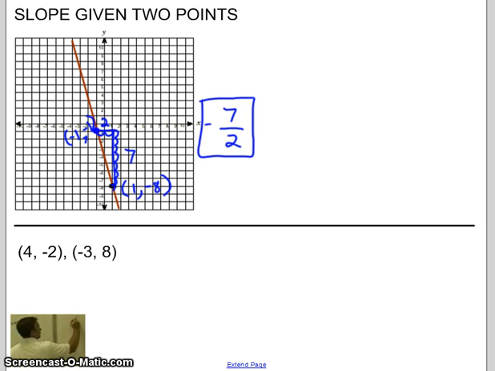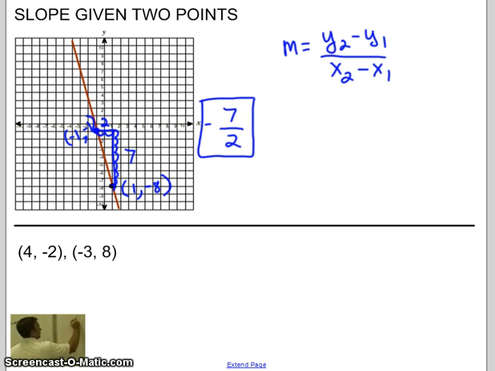What we're going to do is use this formula, y2 minus y1 over x2 minus x1, to determine the slope of our line. The reason why we subtract the 2 y values is because the y-axis goes up and down. That's going to give us our vertical change. The x values are going to give us our horizontal change between the 2 points.